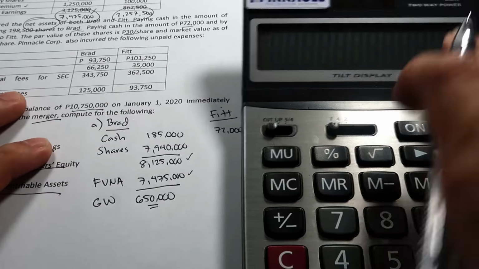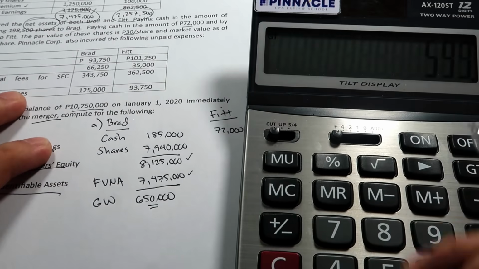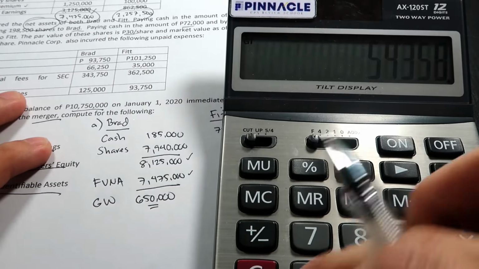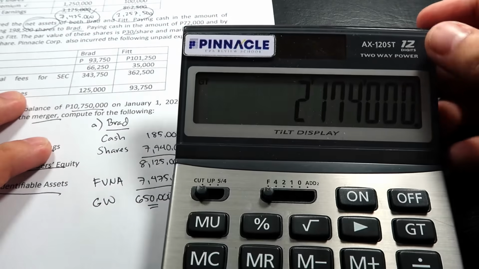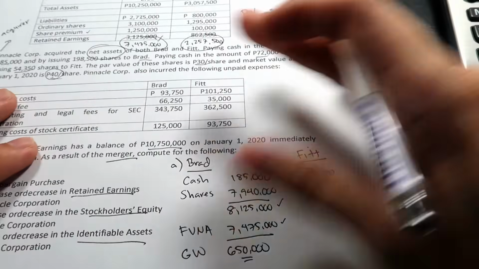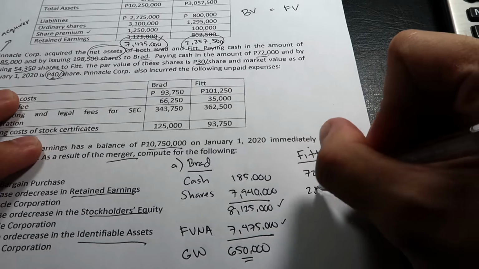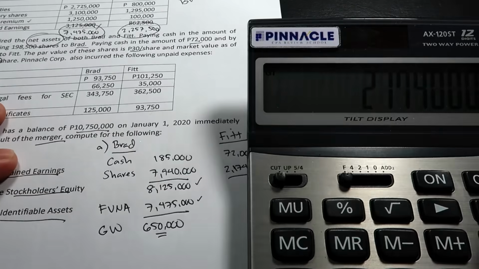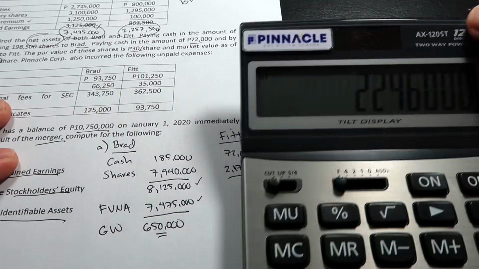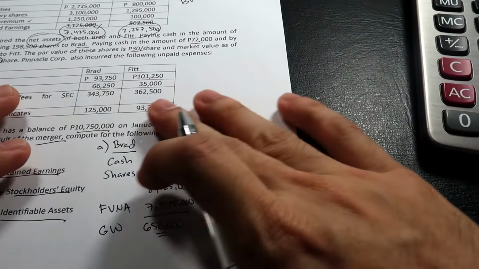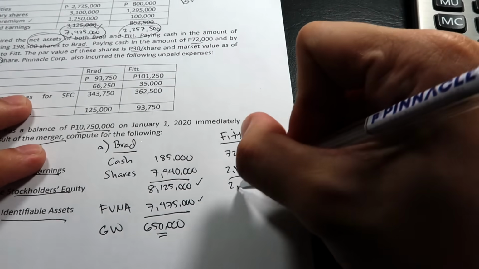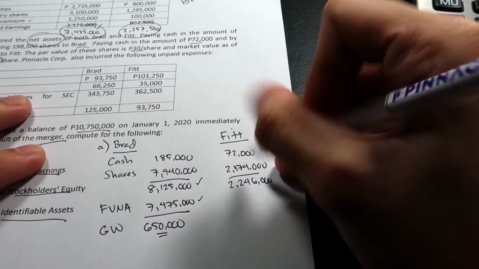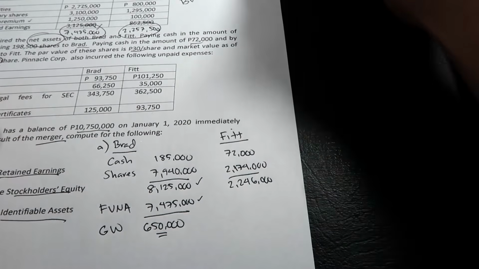Let's compute. 54,350 shares times 40, you get 2,174,000. 2,174,000 for the shares. We add plus 72,000, 2,246,000. Total value of consideration transferred is 2,246,000.